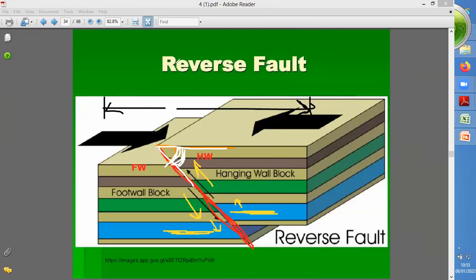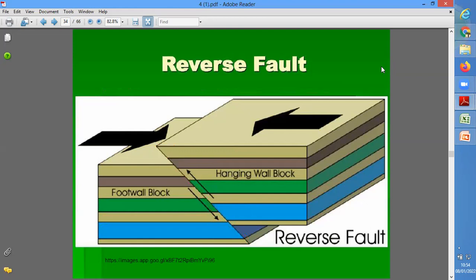But when you remember or consider the original distance, this will be from this to this or more than this. So the distance after the faulting will reduce, so it is considered as a shortened distance. These are the points regarding the reverse fault.